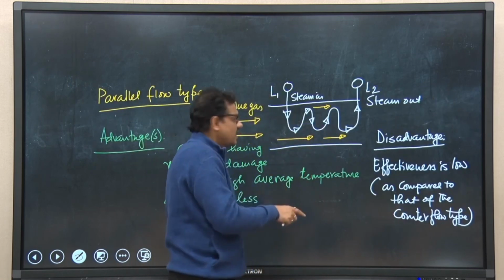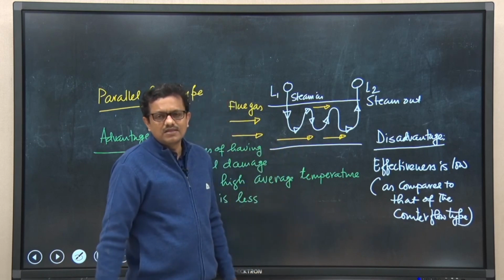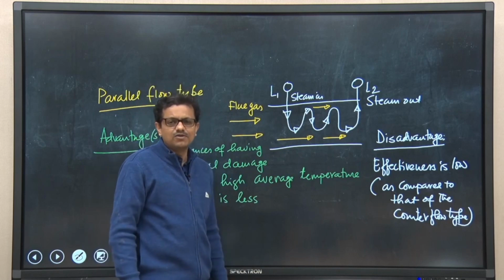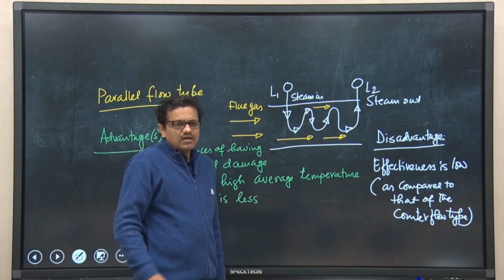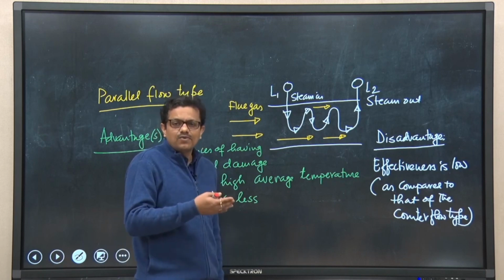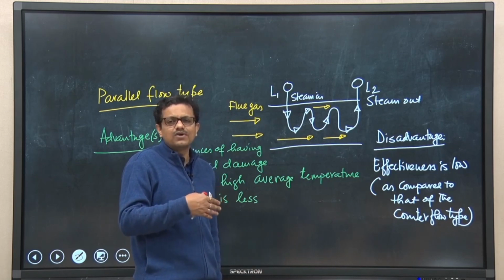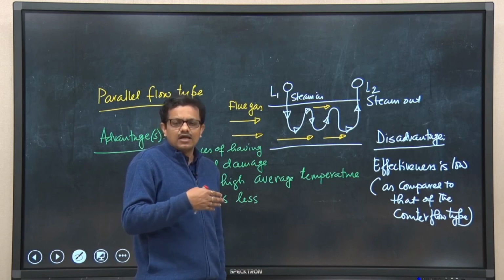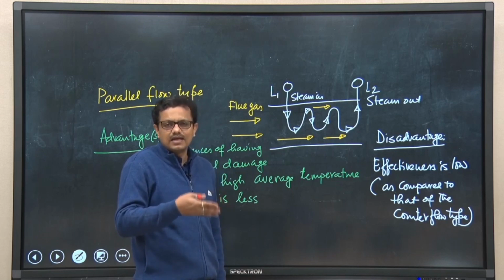But on the other hand, in the parallel flow type, chances of having material damage due to high average temperature of the tube surface are not very high. So, considering these two, if we consider parallel flow type, we have to compromise the efficiency or effectiveness of the superheater. On the other hand, if we consider counterflow type, although we may get high effectiveness, still chances will be there that the material may get damaged.